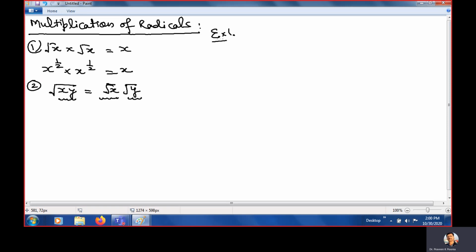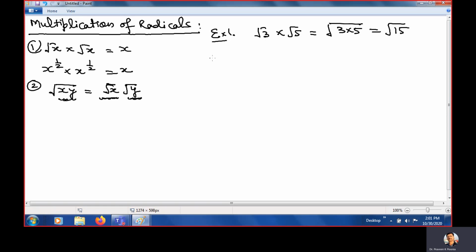Example 1 we will study. Let us say root 3 times root 5. What is the value? Now look, root x, root y, it is root xy. So square root 3 times 5, and 3 times 5 is 15. So what is the answer? The answer is square root 15.